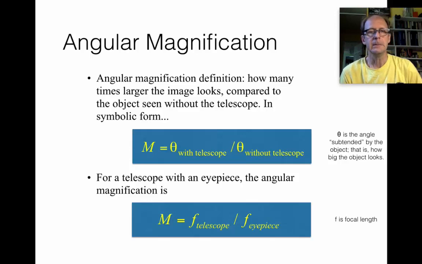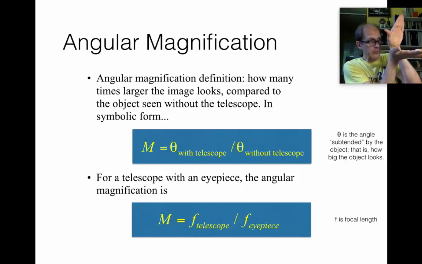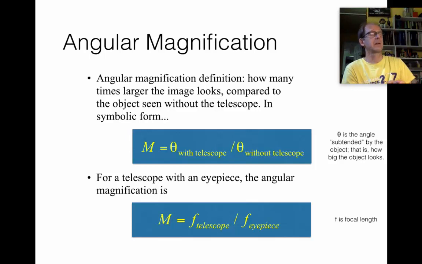If you put your eye to the eyepiece and you're looking at the moon, the angle the image of the moon makes at your eye, compared to if you just look up at the sky without the telescope, that ratio is the angular magnification. For a telescope with an eyepiece, it turns out that ratio is the same as the focal length of the telescope, which means everything other than the eyepiece, divided by the focal length of the eyepiece.